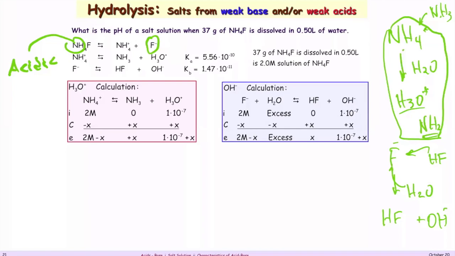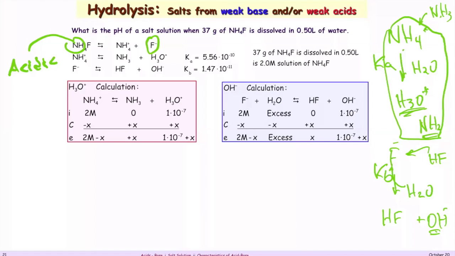This is a Ka, okay, because you're forming hydronium. This is a Kb because you're forming hydroxide. You can always figure out what equilibrium constant to use because you look at the product and see whether hydronium is forming or hydroxide is forming. So what we need to do is look at the Ka and the Kb for these species.